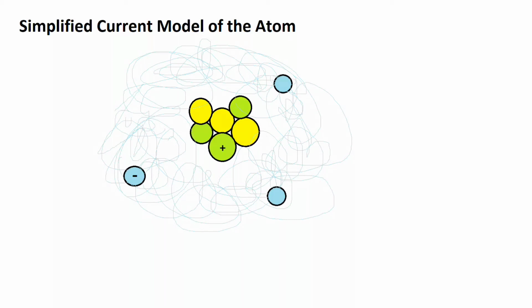And you can't totally determine where they are, but rather just their relative probability of where they're going to be. And we'll discuss that later when you get to electron energy levels and things of that nature.